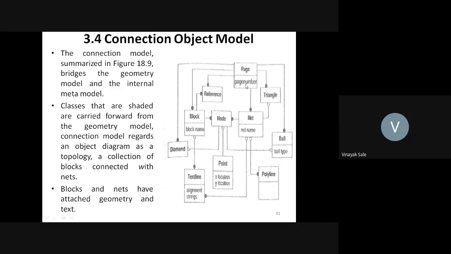A page has a page number. So these have references. So reference of block name with some text line. Each block has nodes, or each node is associated with block, net, point, diamond, ball. These are interconnections of one object to another object.